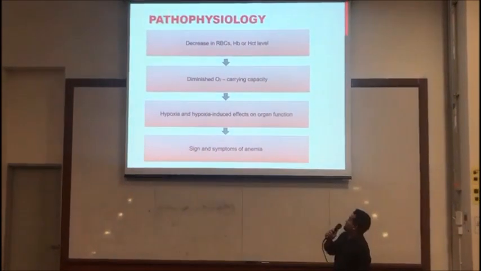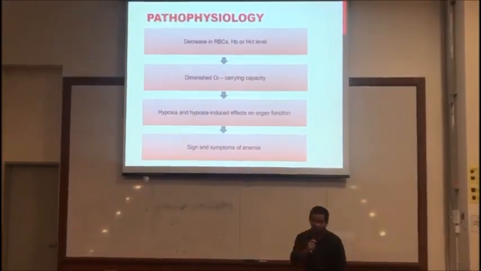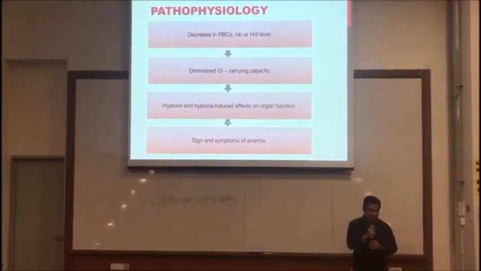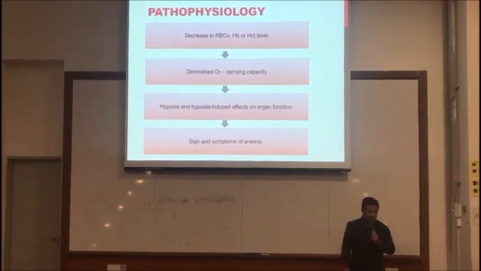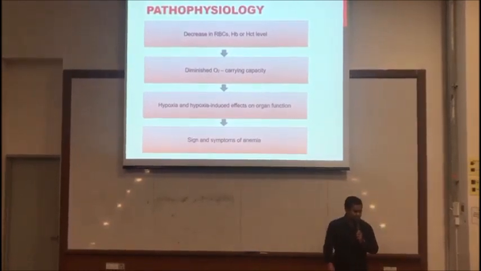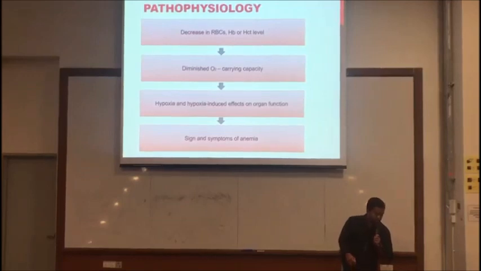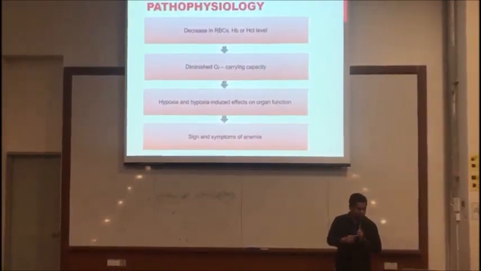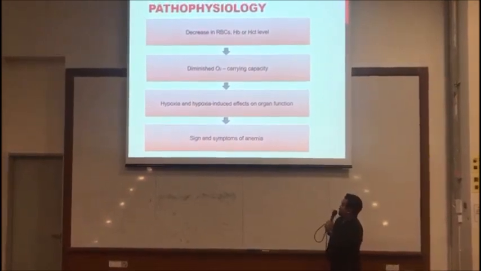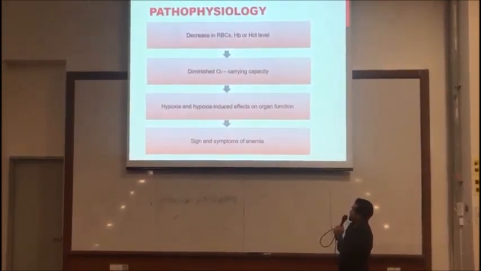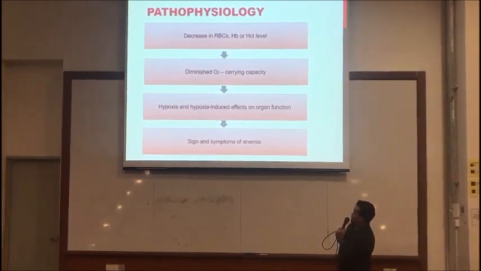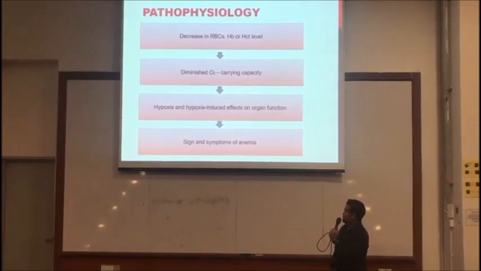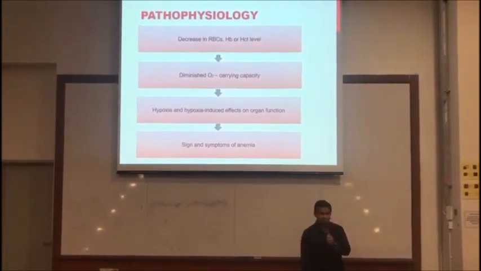For my part, it is pathophysiology. When the blood decreases in red blood cells, as in hemoglobin or hematocrit level, oxygen will be diminished. Because of the reduced oxygen-carrying capacity, there will be hypoxia, and hypoxia induces effects on organ function. When organ function is affected, signs and symptoms of anemia will present.